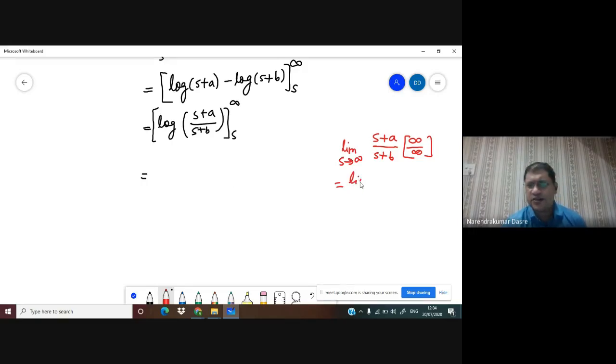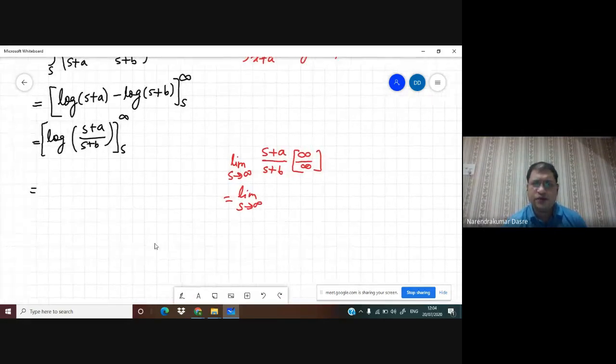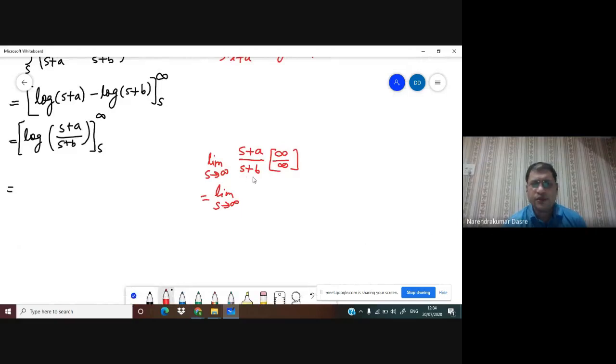So what we'll get is the limit as s tends to infinity. I can take s common, so I'll have s times 1 plus a by s in the numerator, and in the denominator s common, s times 1 plus b by s.